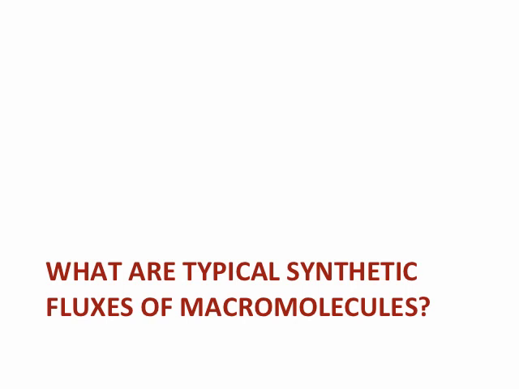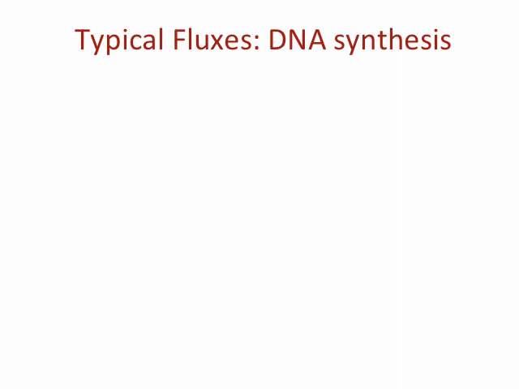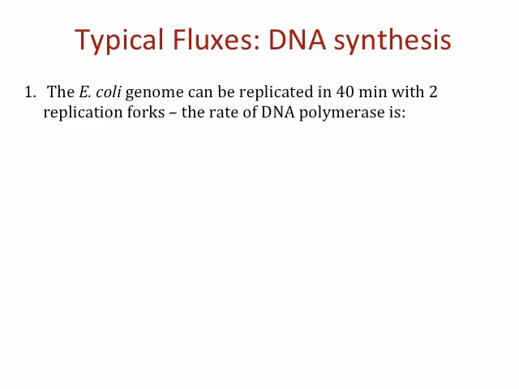Okay, the next topic that we need to be familiar with are the synthetic fluxes of macromolecules, and these can be estimated relatively easily. For instance, the E. coli genome can be replicated in 40 minutes with 2 replication forks. The genome opens at the origin, 2 DNA polymerases come on, and they zip around the circular genome and go to the terminus that is on the other side of the circle.